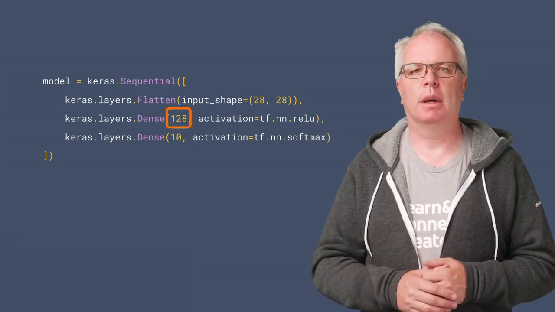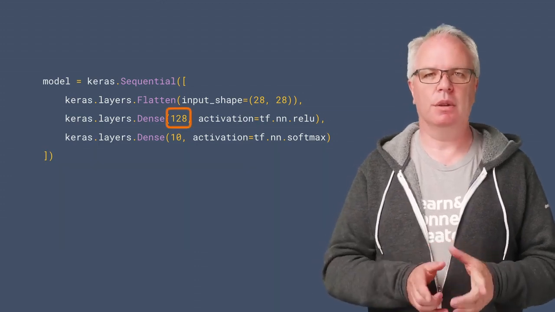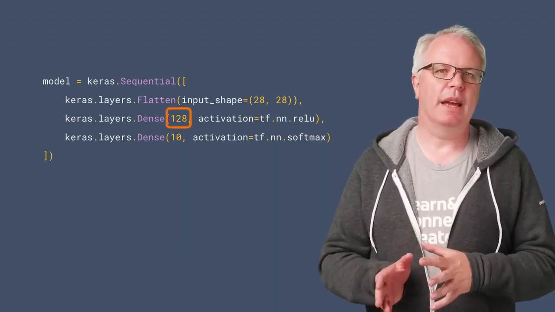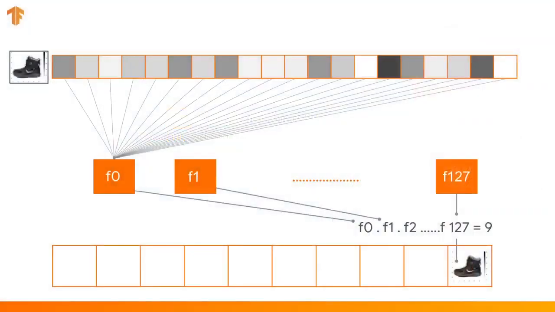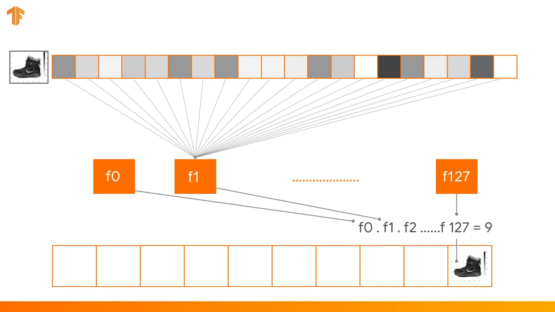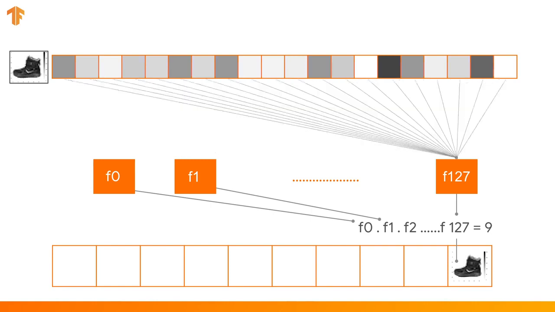So what about this number, 128? What does that do? Well, think of it like this. We're going to have 128 functions, each one of which has parameters inside of it. Let's call these f0 through f127. What we want is that when the pixels of the shoe get fed into them, one by one, the combination of all of these functions will output the correct value, in this case 9.